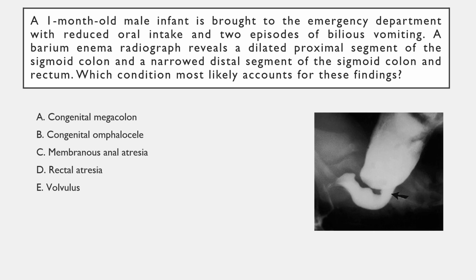Which condition most likely accounts for these findings? A. Congenital megacolon. B. Congenital omphalocele. C. Membranous anal atresia. D. Rectal atresia. E. Volvulus.